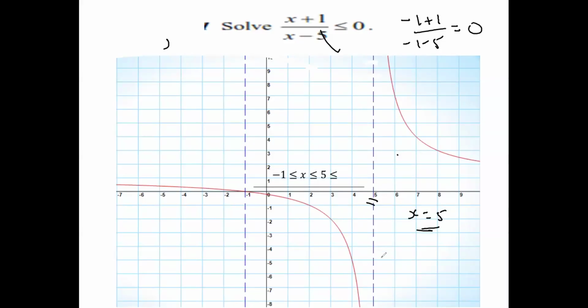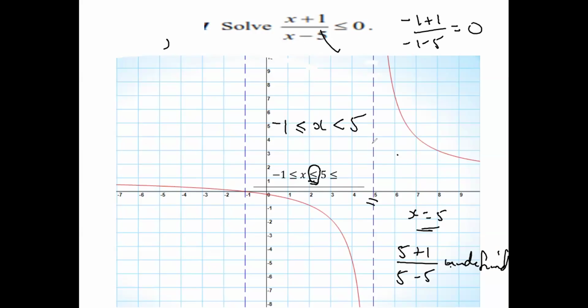In other words, if you were to put 5 in here, you will get (5 + 1)/(5 - 5). Now this is undefined. And therefore, you see this part here where I got equal? x can't be equal to 5. It can be equal to -1, but not to 5.